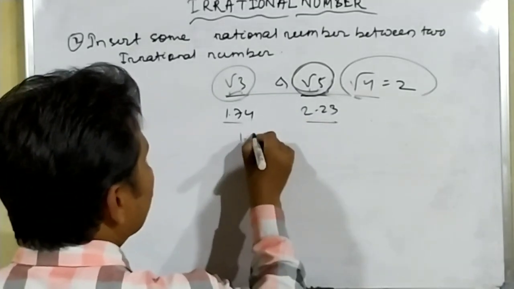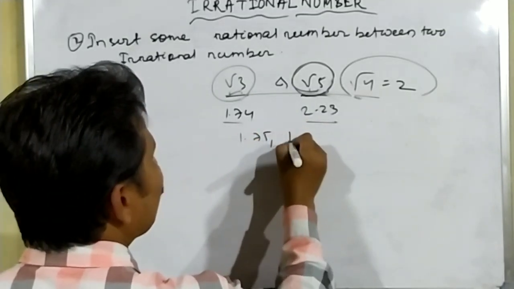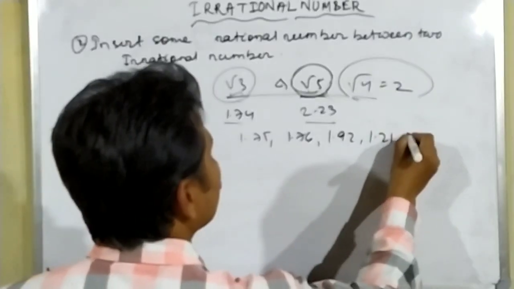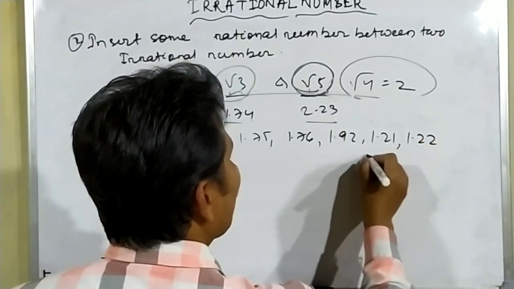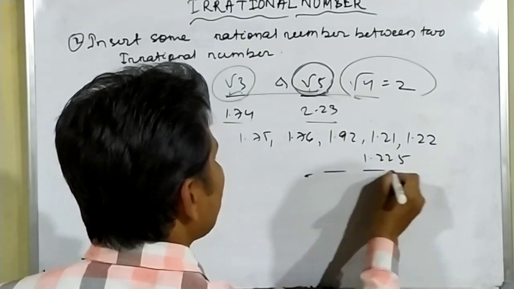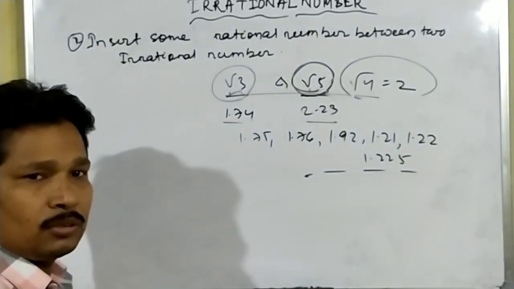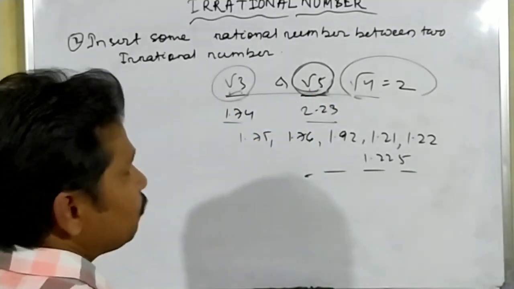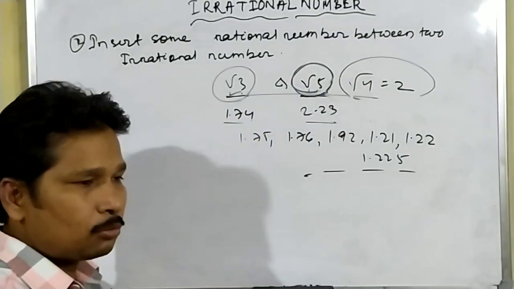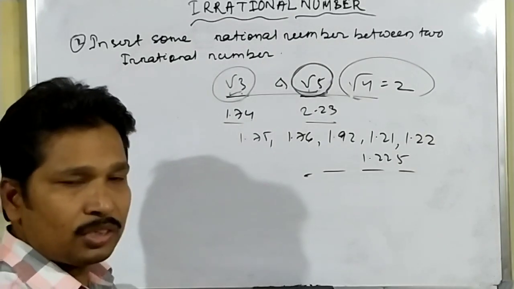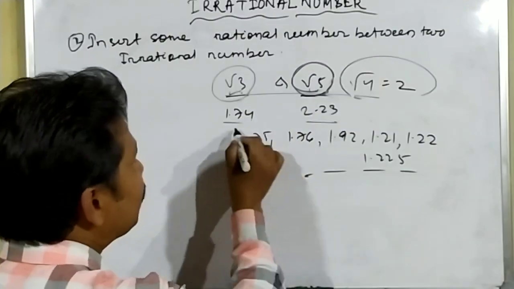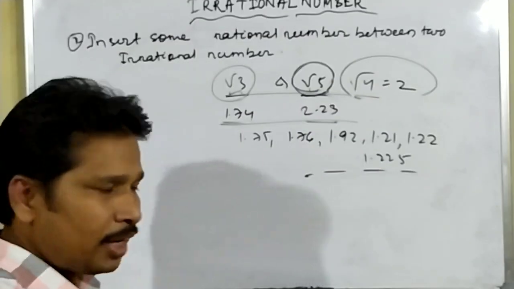So we can write 1.75, 1.76, 1.92, 1.21, 1.22, 1.225. In this way, we can write an infinite number of rational numbers. Okay, so in this method, pick only 3 or 4 numbers. If the question asks you to find 3 rational numbers, pick any 3 rational numbers between these two numbers. Okay.